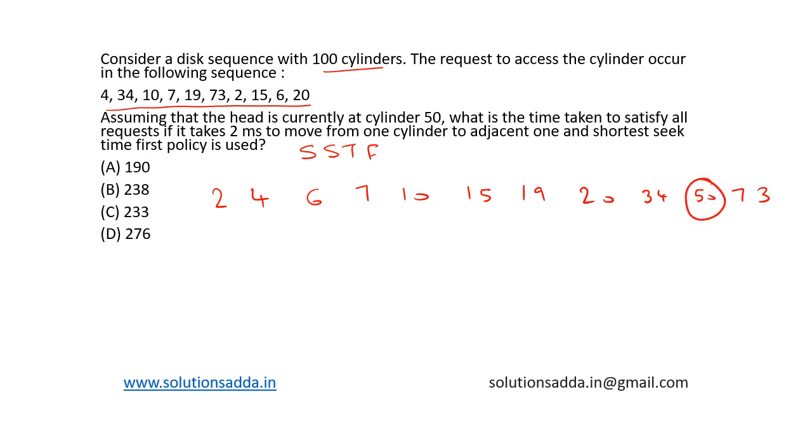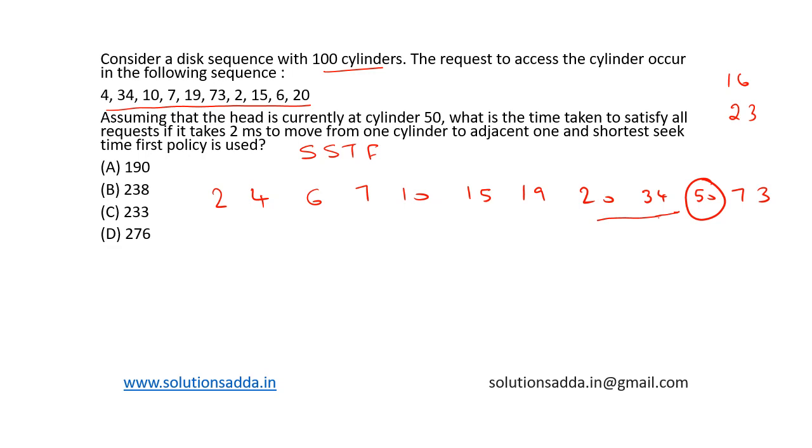Now based on shortest seek time first, it will try to move to either 34 or 73. Since the difference between 34 and 50 is 16 and 50 to 73 is 23, it moves in this direction. Then the next shortest seek is only 14 if it goes to 20, and then it has to go from 34 to 73.